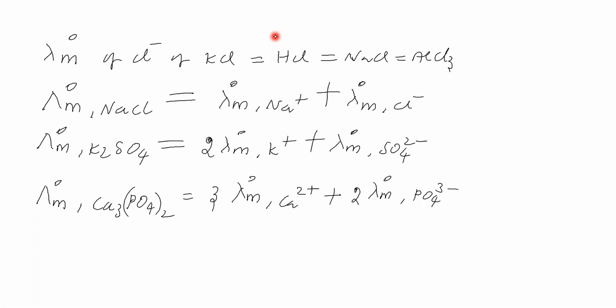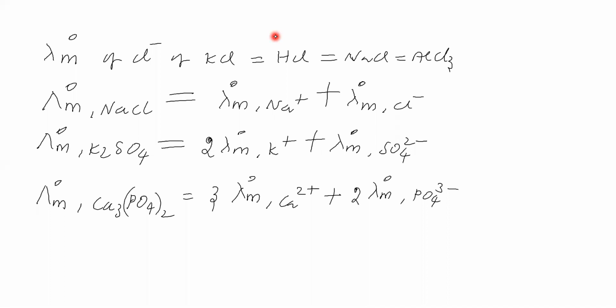Similarly, lambda m naught of the anion remains the same whatever the cation is present. And the sum of these contributions is this one. This is Kohlrausch law.